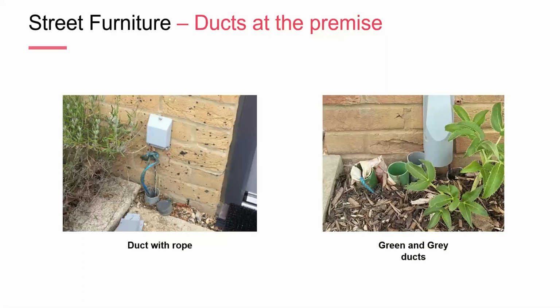That's to help with the rod and rope process, where they pull the fibre cable through from the CBT, and that allows them to deploy it. So you can see on the right-hand picture, the green one there has a blue rope, but actually the grey one on the right has a black cable. So it looks like that's been deployed and actually has an actual GPON connection going in there.